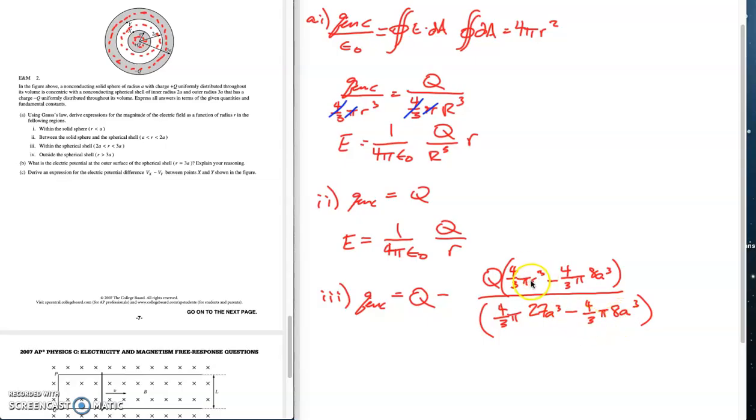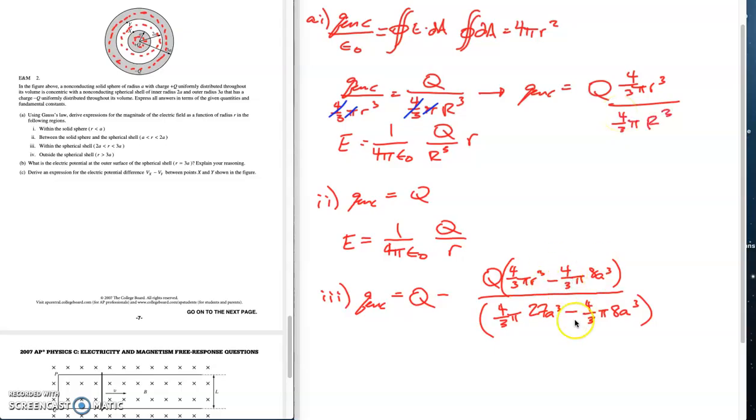And then the actually enclosed volume is going to be the spherical shell minus the big hole in the middle. Notice how this is the same ratio as we have here, where Q enclosed is Q times the enclosed volume divided by the total volume.